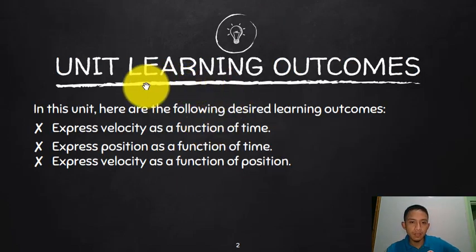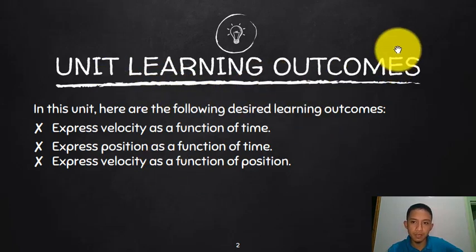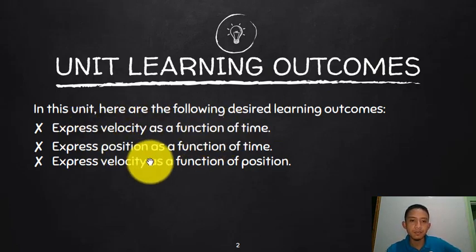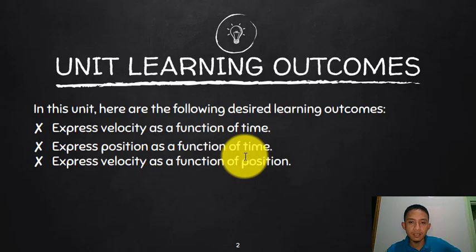Under this unit, you are expected to be able to express velocity as a function of time, express position as a function of time, and express velocity as a function of time. So that is your target in this unit under Module 2.